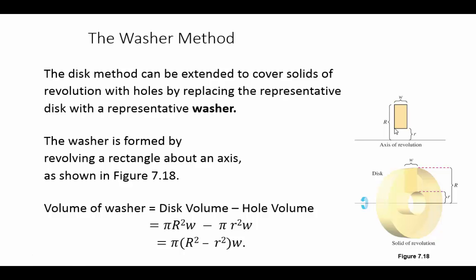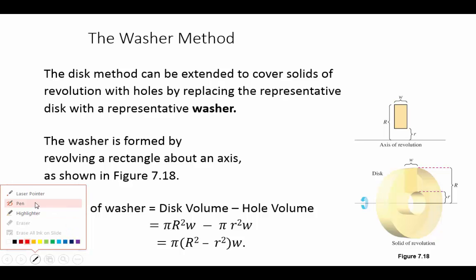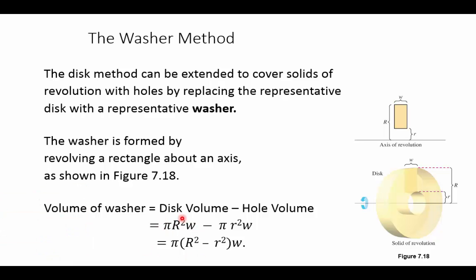So what we have is pi capital R squared here is the disk volume, the whole disk where it would have been if there weren't a hole. And then we're going to subtract the little disk that's missing from the center, the volume of the hole, pi little r squared w. You can actually factor out the pi and factor out the w.